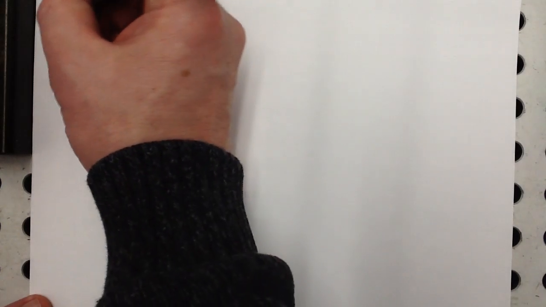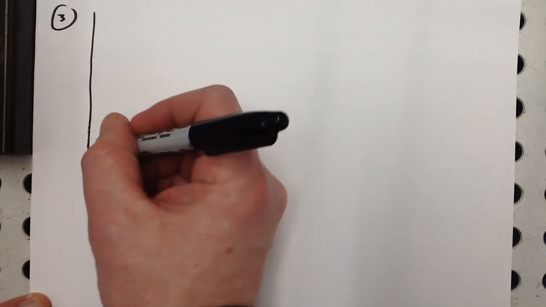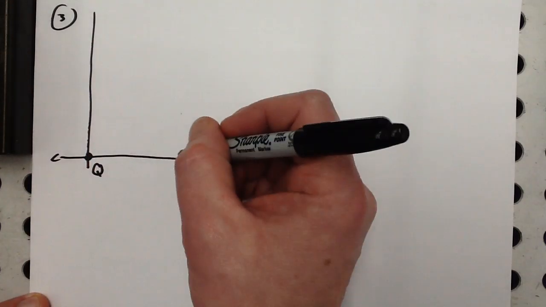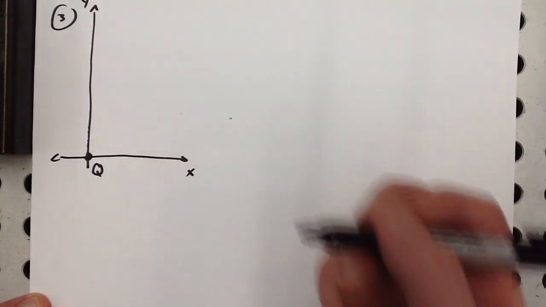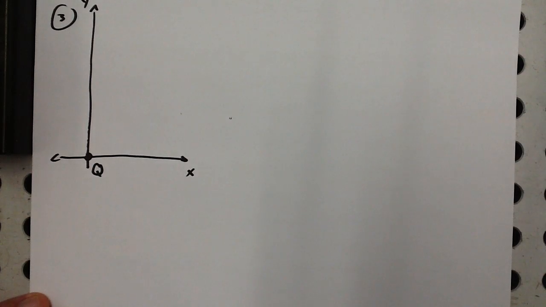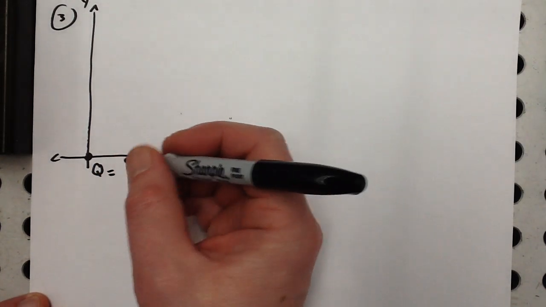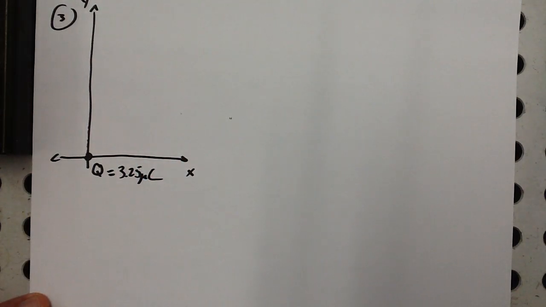Number 3. Got a charge nailed down to the origin of an xy axis, like so, and that charge has a magnitude of 3.25 microcoulombs positive.